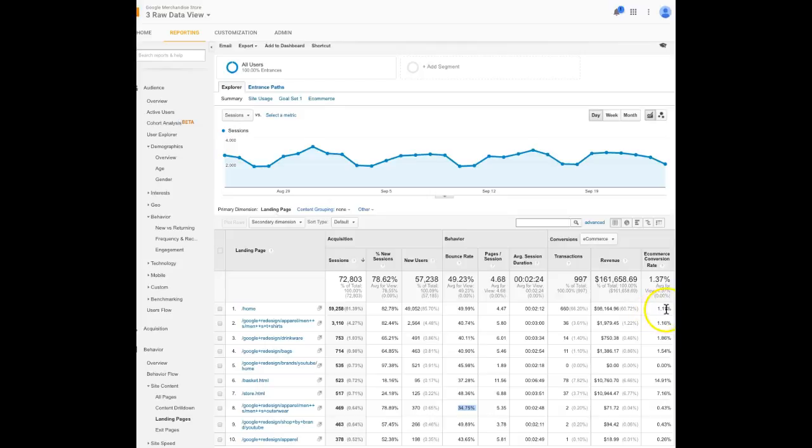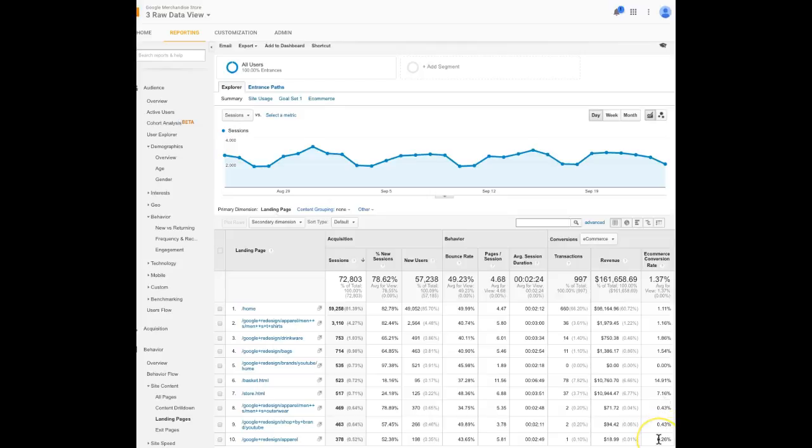And we have 1% here, 1% here, 1.8%, 1.5%, 0. This is bad. Then we have 14%. Well, it's their shopping basket, so I would hope that's a high conversion rate. We have the store converting at 7%. So of all the people who came to the store, 7% ended up converting.